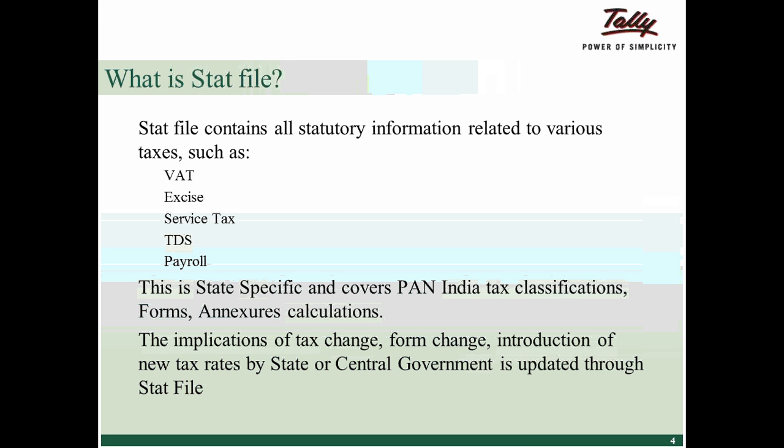Customers who are using the previous stat file can download a new stat file. That is, customers from Karnataka can download the new stat file and get the latest tax rate. I'll show you in the product how to download the new stat file through the product and through the website as well.